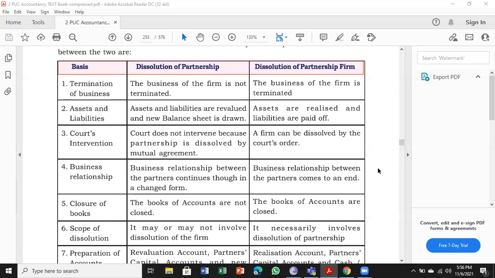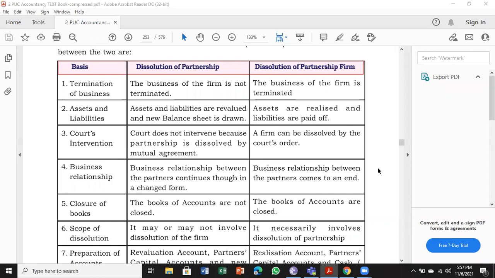So in dissolution of partnership, usually court will not intervene because only the agreement will change. But in case of firm dissolution, the court may interfere, the court may order you to close the business, close your business firm, because the activity done there may be illegal, maybe not lawful, or maybe any other reason.